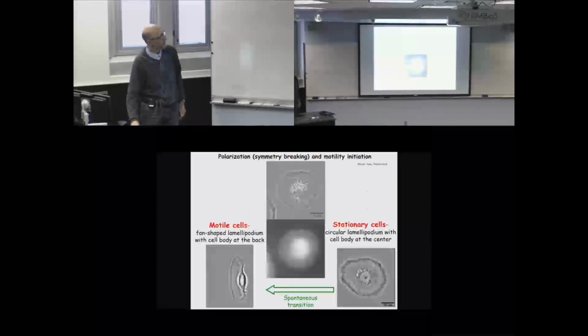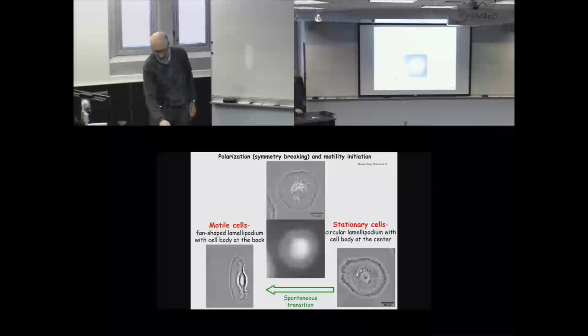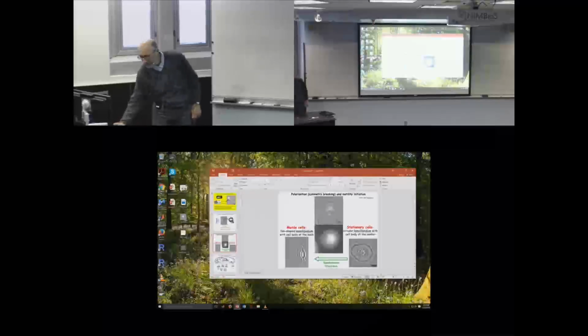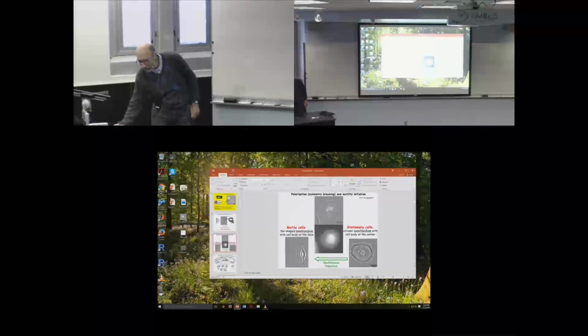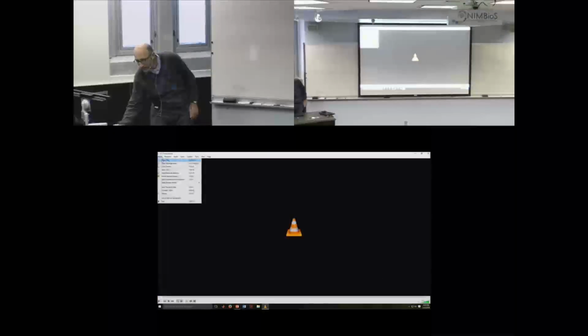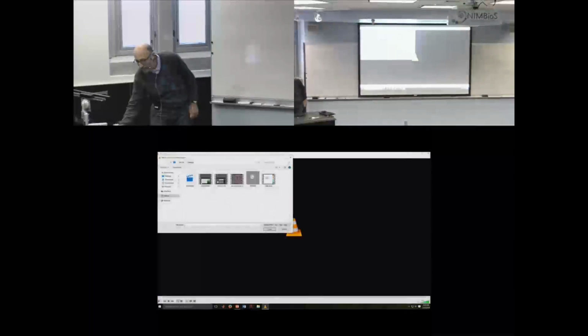One is how this model explains steady movement, but another I wanted to explain to you is how the cell initiates motility, and it's a really beautiful process, kind of irresistible for a physicist.